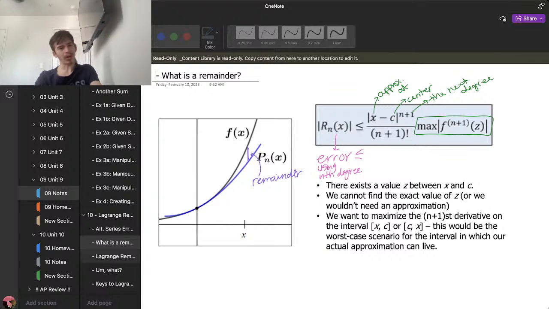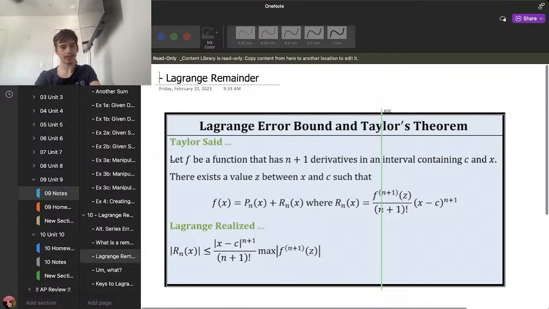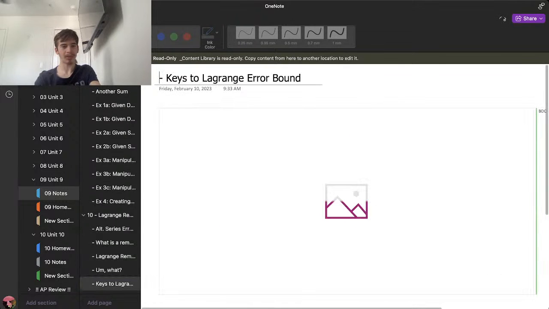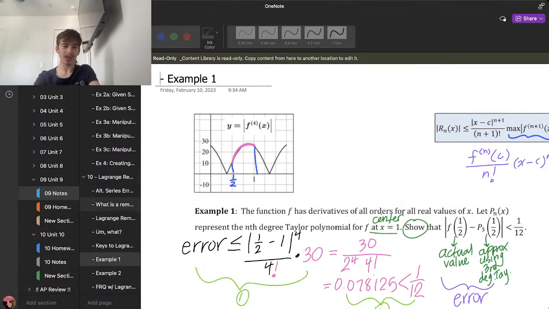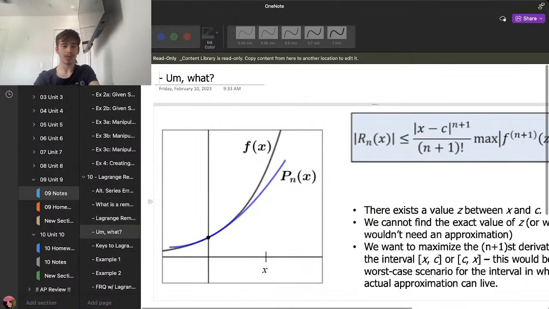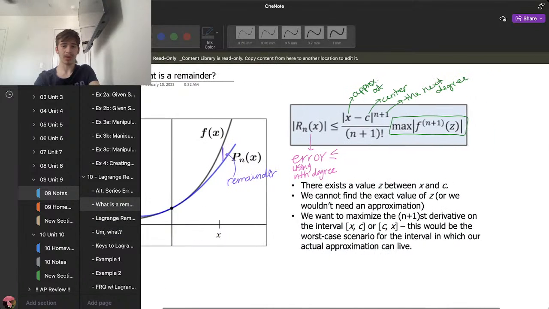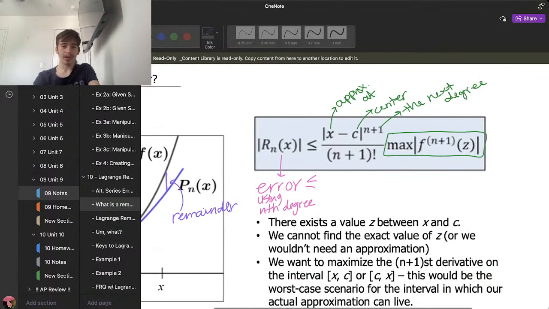Remainder, this one is for e to the x and other series. Complicated. I'll get to the easy part. The whole idea of the formula... Don't worry about the graph.